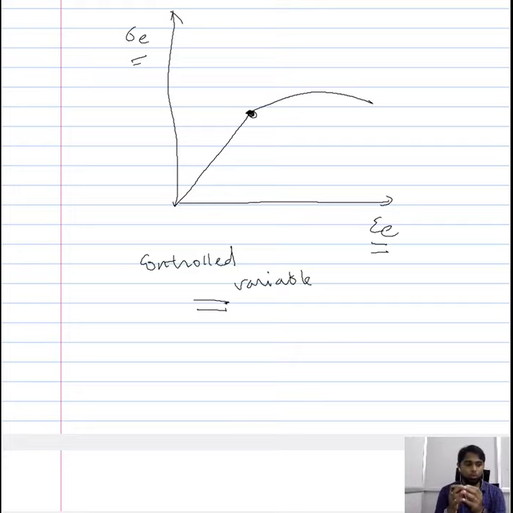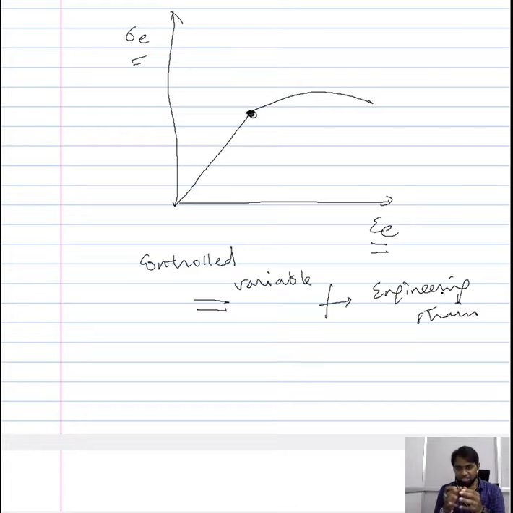Whenever a discussion is made on not the behavior of the material but the tensile testing machine, we select a variable that we change in the machine and we see how the material would respond to that variable. Usually that variable is the engineering strain. So in most cases, the controlled variable is the engineering strain.